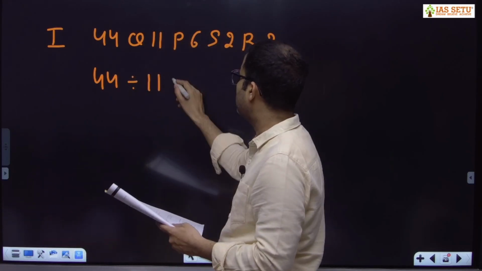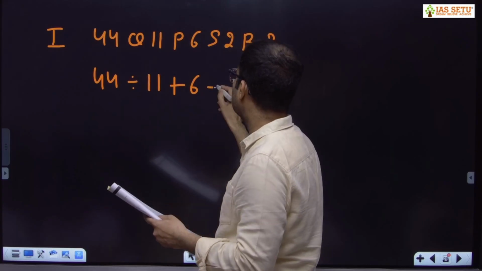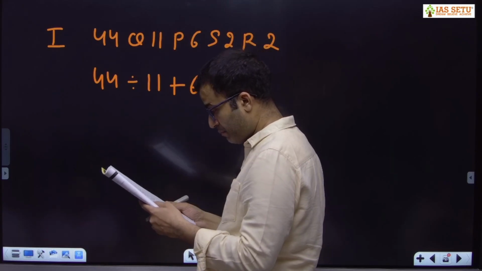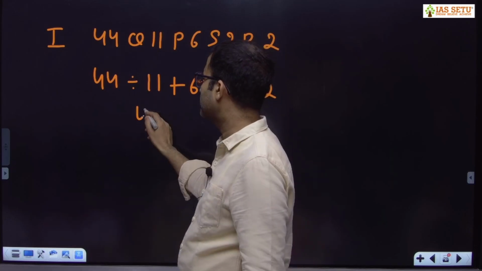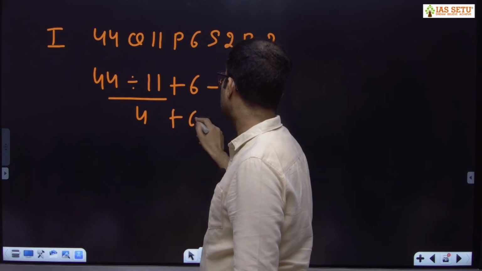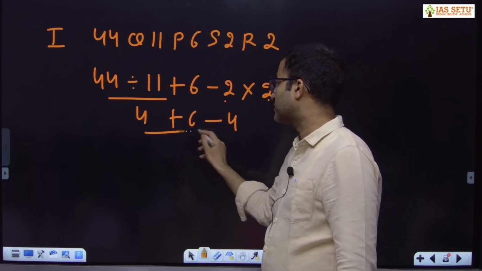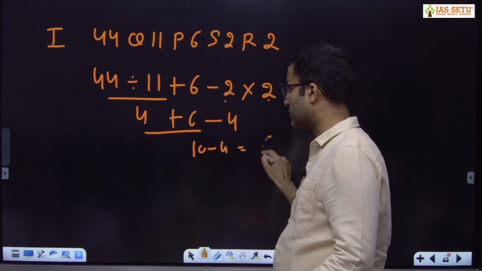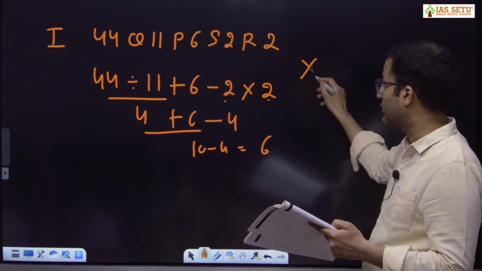P means addition. S means subtraction. R means multiplication. So first you do division, 4 plus 6. What is minus 2 into 2? Minus 4. So it is 10 minus 4, 6. Statement number 1, value given is 16. So statement 1 is wrong.